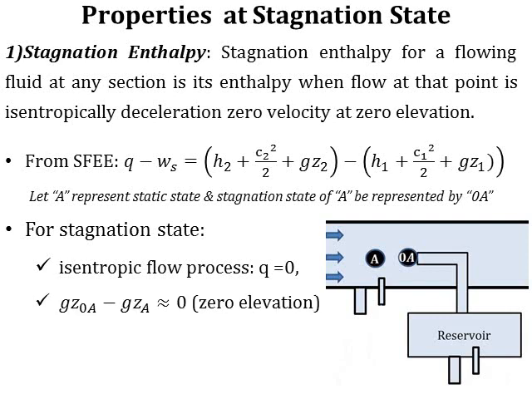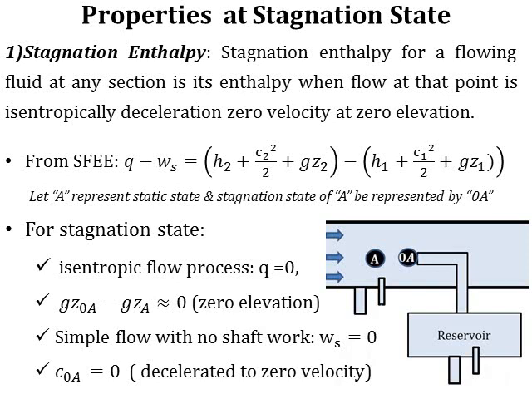It is placed at same elevation, so change due to elevation will be 0. This is a simple flow passing through a bent tube. There is no shaft work involved, so the shaft work term also reduces to 0. And finally, and most important term, the velocity at stagnation condition is 0. So the velocity at 0A is equal to 0.